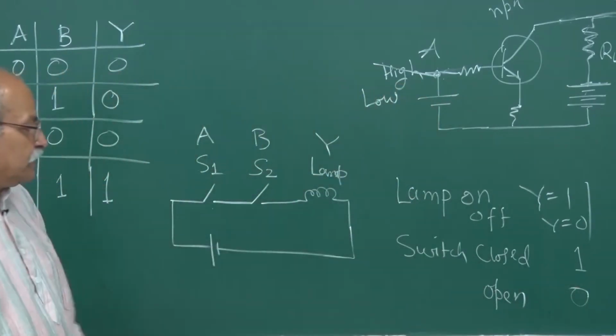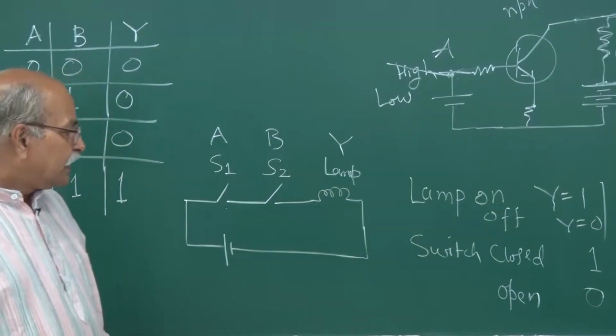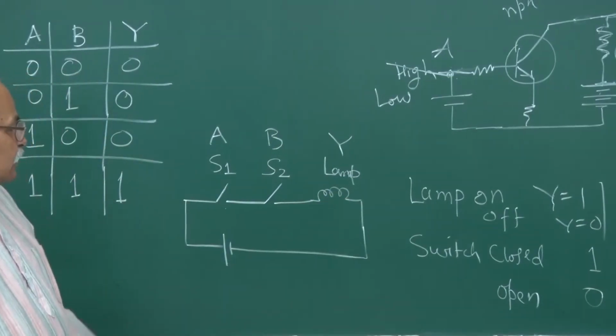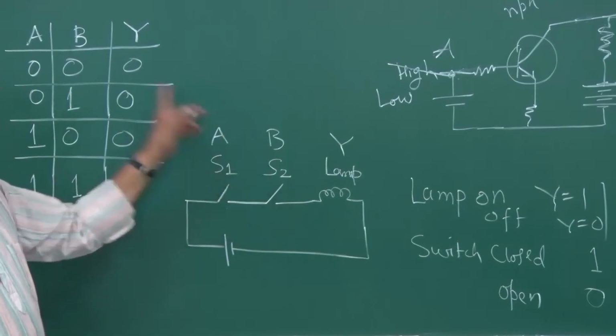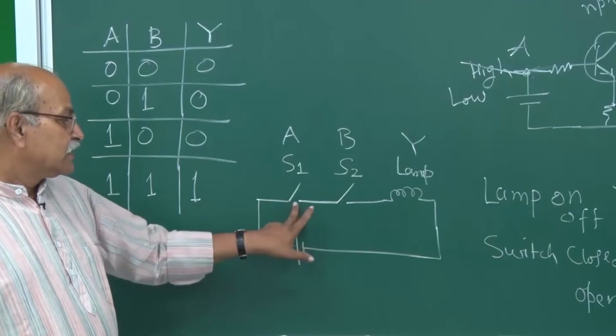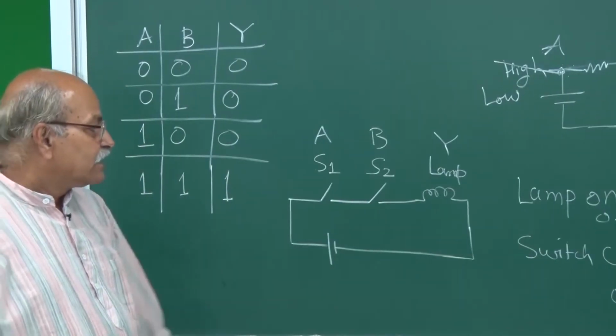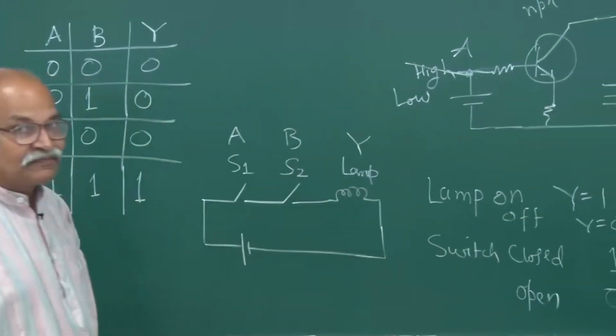With this meaning of 1 and 0, if A is 0 and B is 0, both switches are open, the lamp is not glowing, and Y is equal to 0.